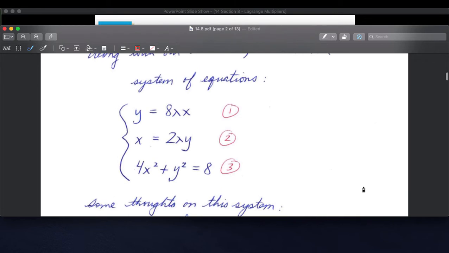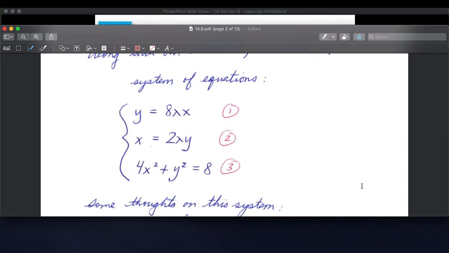So here are some thoughts. Before I even begin, just remember, Lagrange multipliers, you're going to have to have some patience with them. In fact, the thoughts I have on each system that I present in this section are going to involve a lot of intuition and a lot of playing around with values. So be willing to play around with values until you get something that sticks.